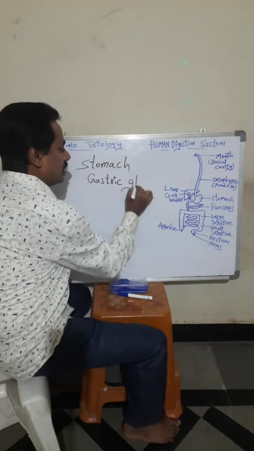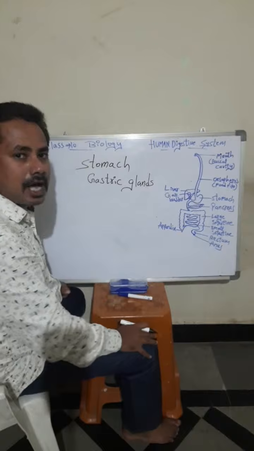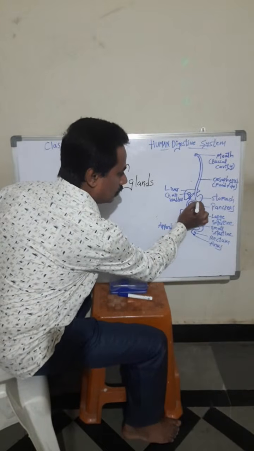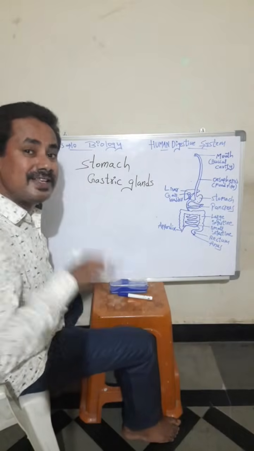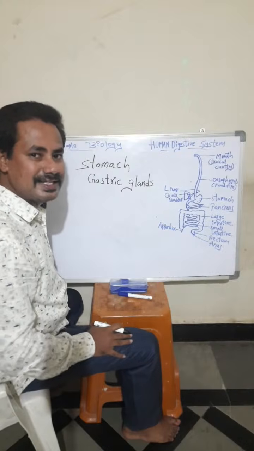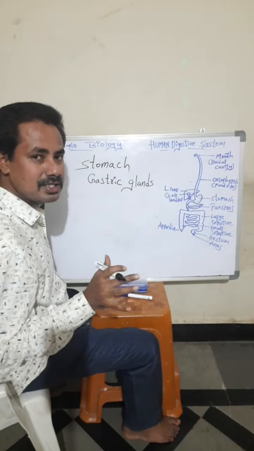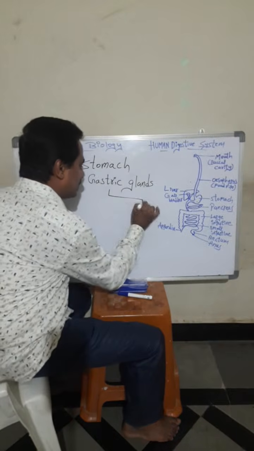In the stomach, which glands are present, students? Gastric glands are present on the walls of the stomach. What enzymes will they secrete? Glands, as I already told you, release chemical substances or enzymes. Let's see now what gastric glands will secrete.